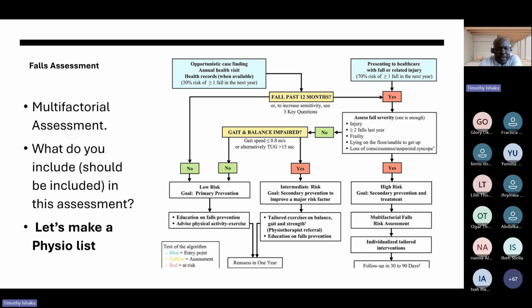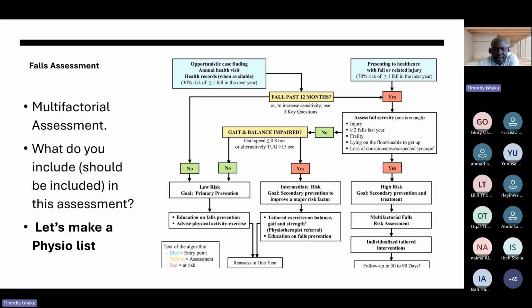Or we look at the Timed Up and Go test. Here the NICE guideline says anything more than 15 seconds is at a high risk of falls. And if we do the assessment and the outcome measure shows that there is a problem, we categorize them as intermediate risk.